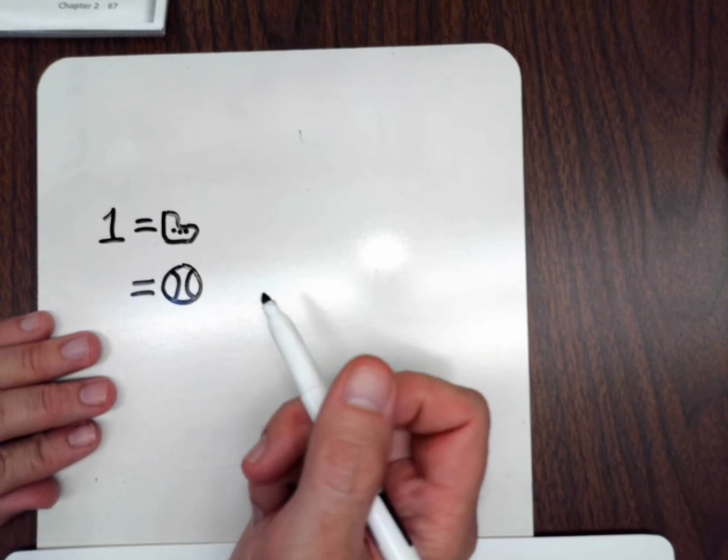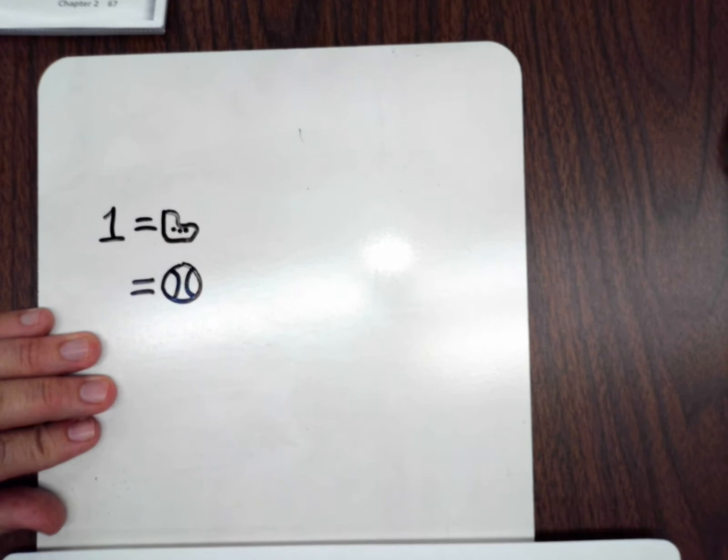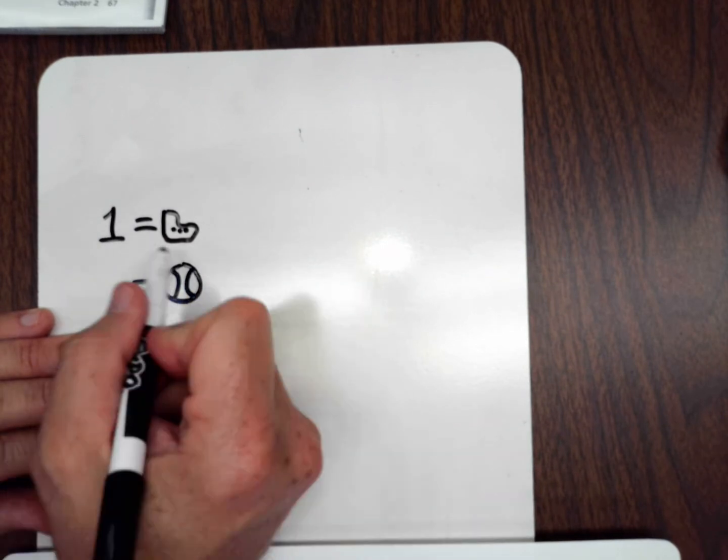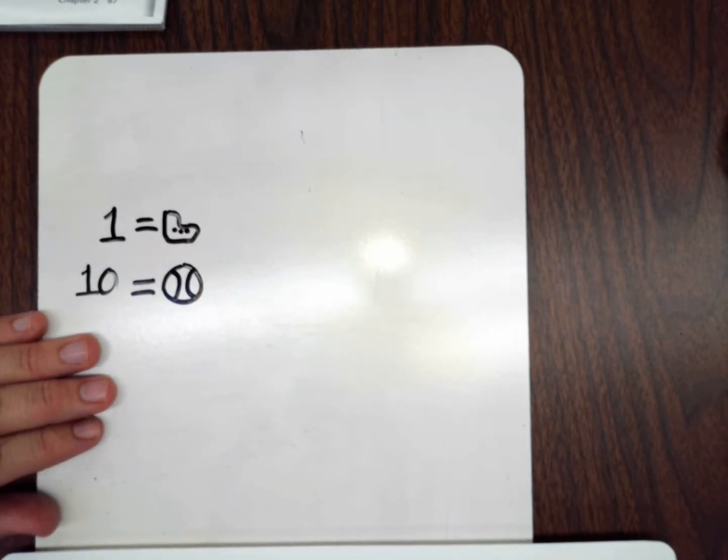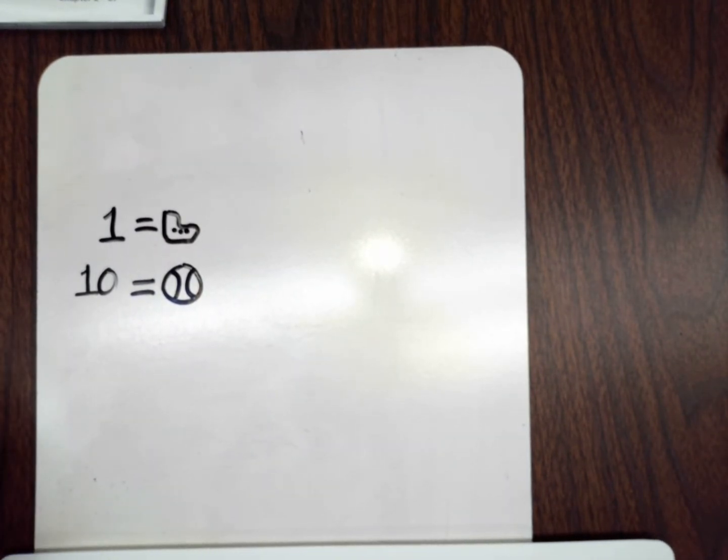If we're talking about the number of home runs, maybe each baseball is worth 10 home runs. So there is a key or a legend on all of the pictographs, and they will help you understand how much each picture is worth.